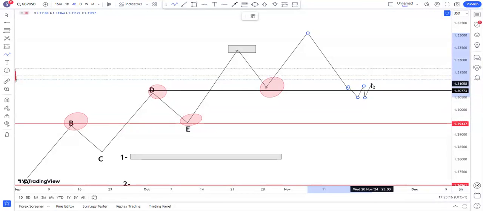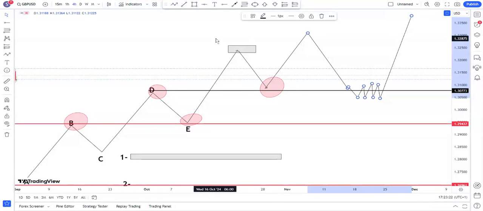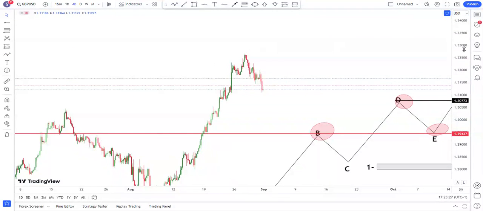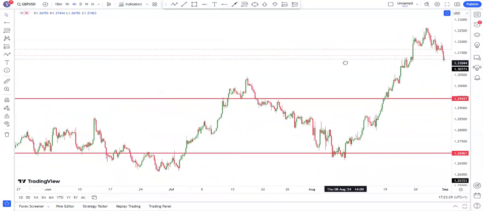Then it starts reacting, then it moves up. So it's easy. Let me quickly go to the main chart so that we can have a live practical. Let me delete this so that you won't get confused.